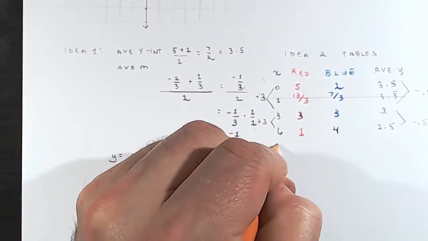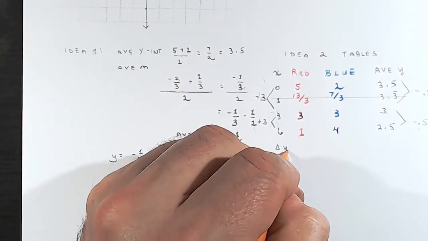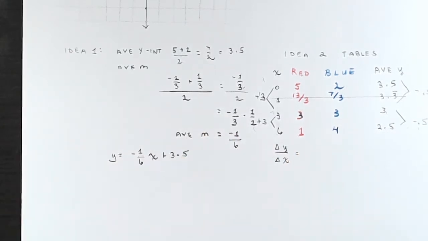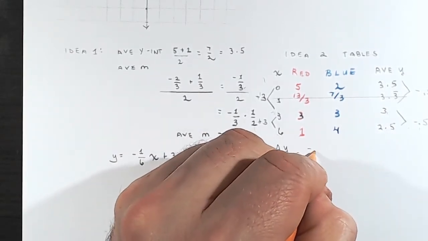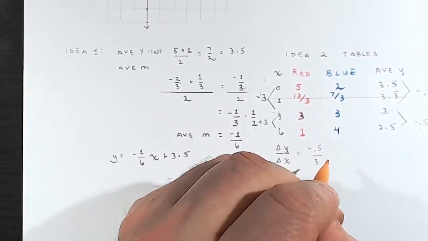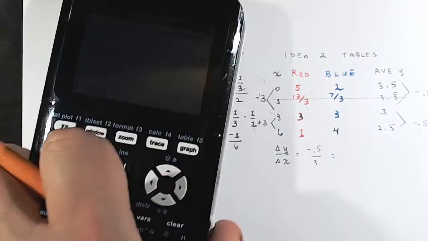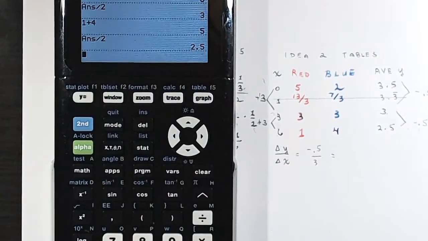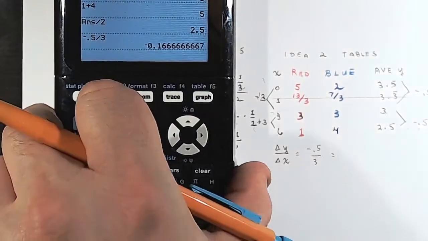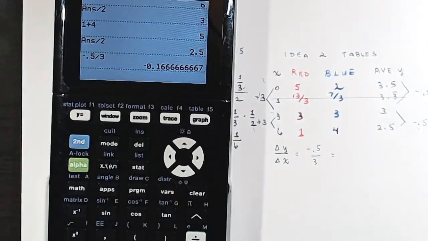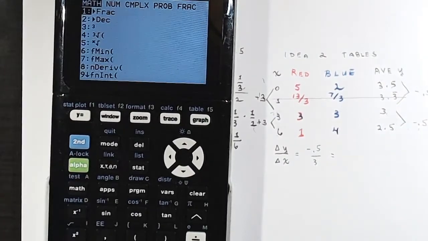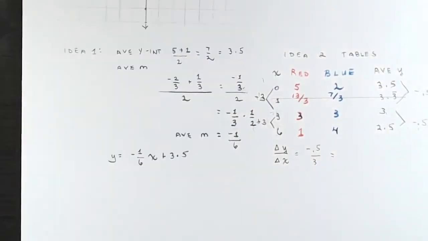So our change in y over change in x is equal to minus 0.5 over 3. And what does that equal? Well, let's see. Negative 0.5 divided by 3 is negative 0.16666666666. All right, math, frac, that's negative 1/6.